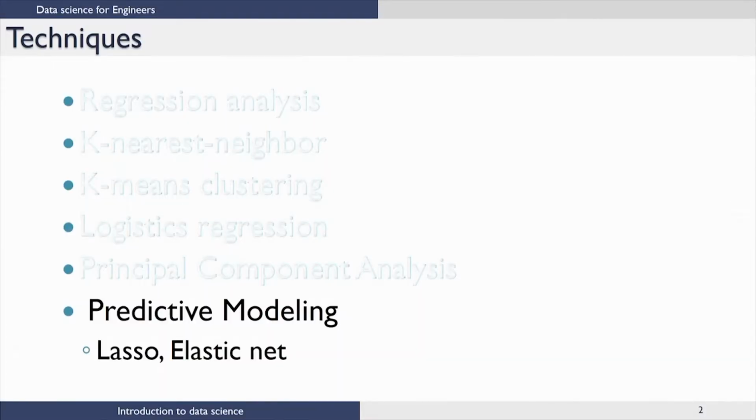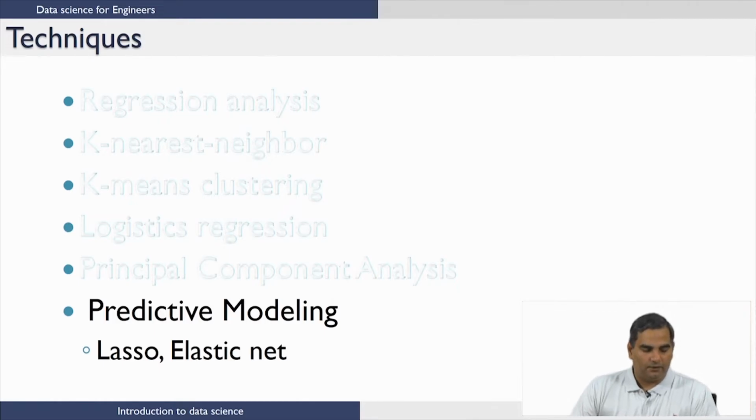I have just done some color coding: the techniques that you will see in this course are in green, and the other techniques that are out there, which we will not be teaching in this course, would be part of a more advanced course. So, there are techniques such as regression analysis, k nearest neighbor, k means clustering, logistic regression, principal component analysis, all of which you will see in this course.